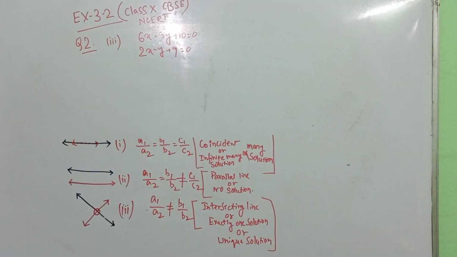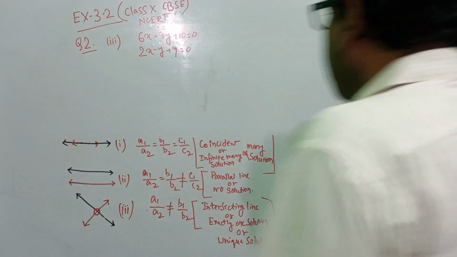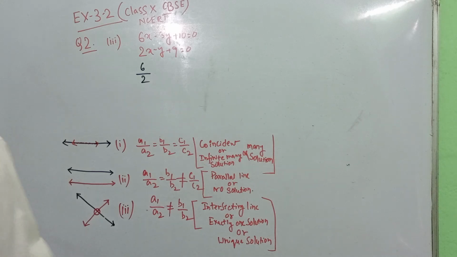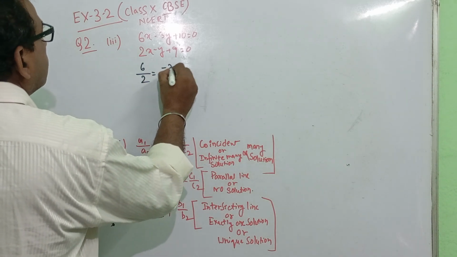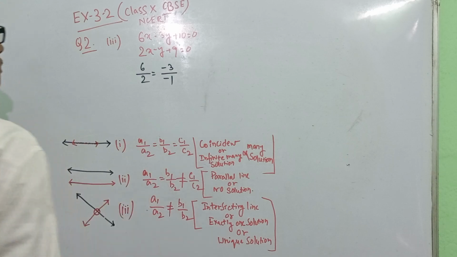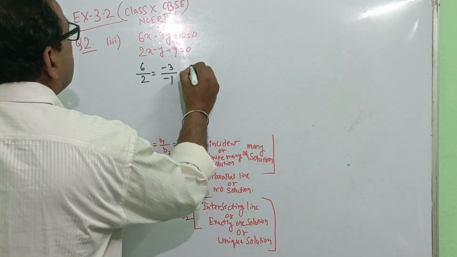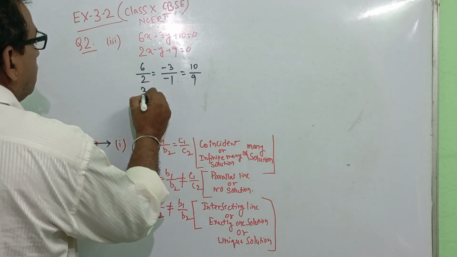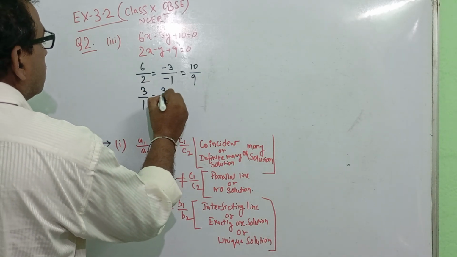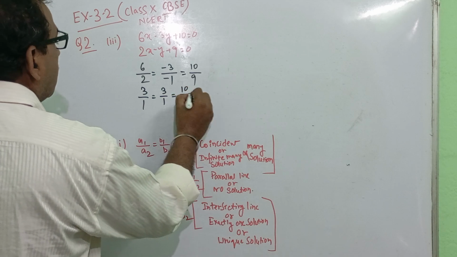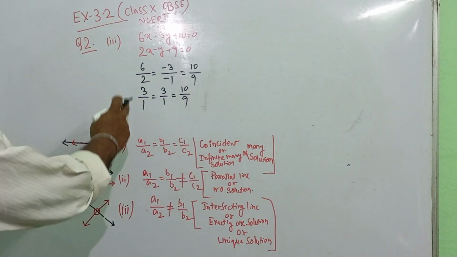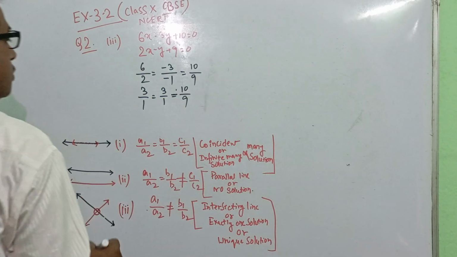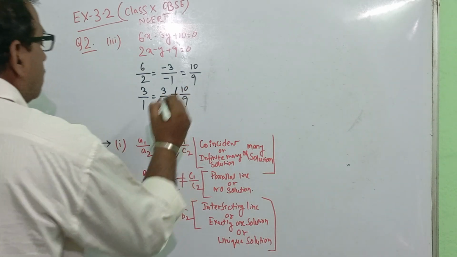We will simply write that 6 by 2 is equal to minus 3 by minus 1 is not equal to 10 by 9. Now what happened? This is 3 by 1, this is 3 by 1, and this is 10 by 9. This is not equal to the ratio.